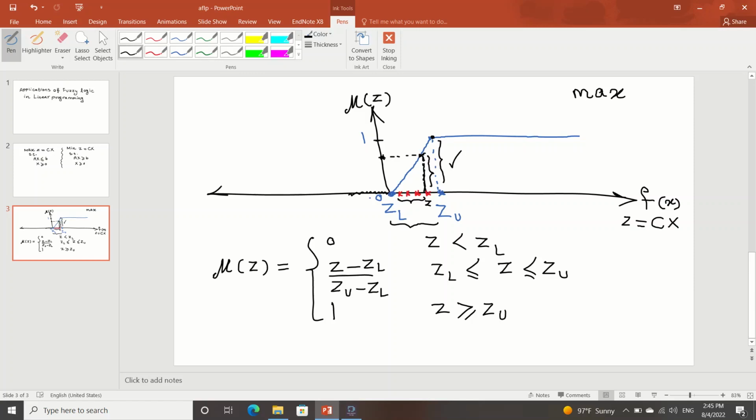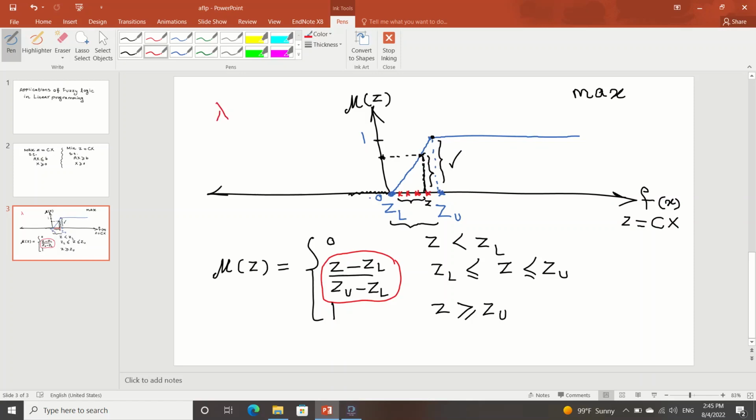So what is our purpose? What is our objective function in the structure of fuzzy linear programming? We must maximize this variable. We call this variable lambda.